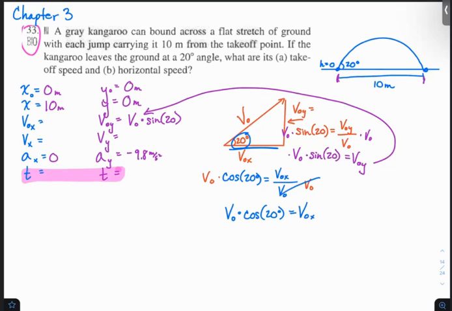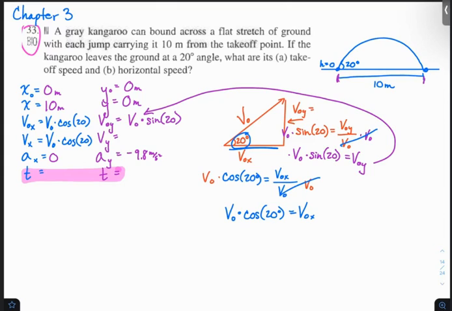So those canceled out, and these canceled out. All right, so I'll fill that in over here. And in the x direction, I know that it's not speeding up or slowing down, and because of that, the velocity at the end is also going to be v naught times cosine of theta, or 20 degrees.